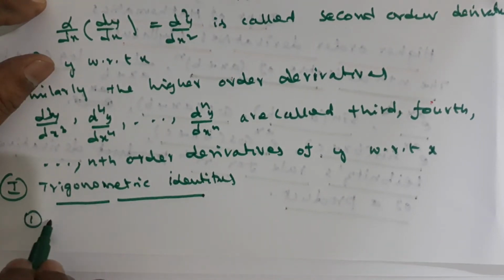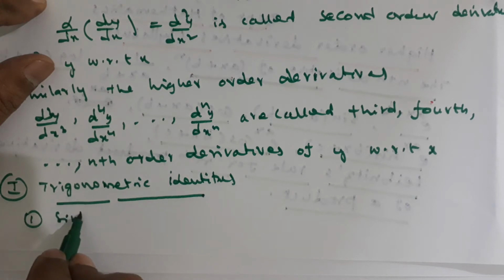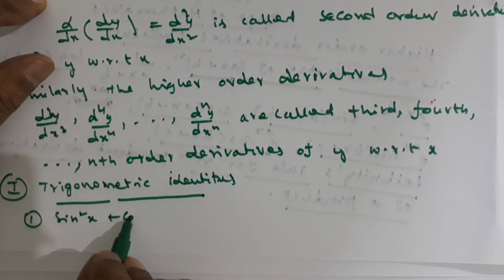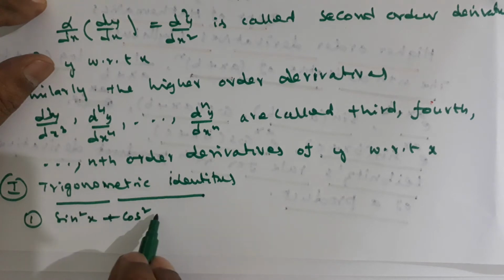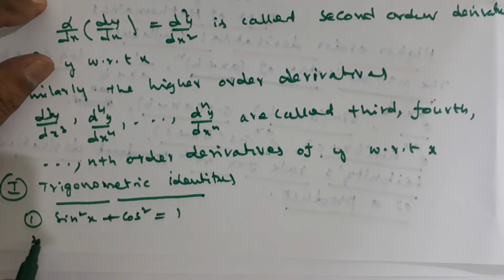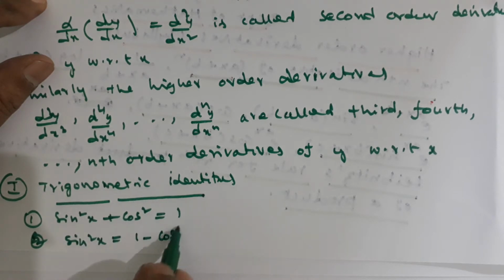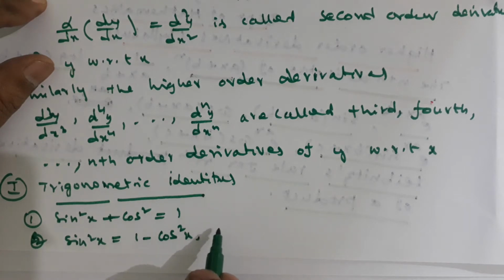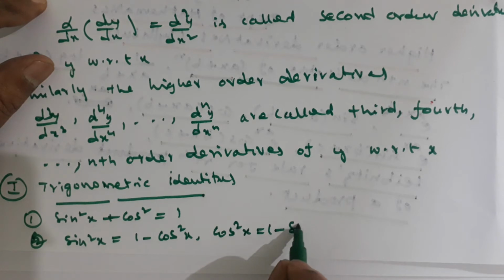The first one: sin square x plus cos square x is equal to 1. Similarly, the second one: sin square x is equal to 1 minus cos square x, and cos square x is equal to 1 minus sin square x.